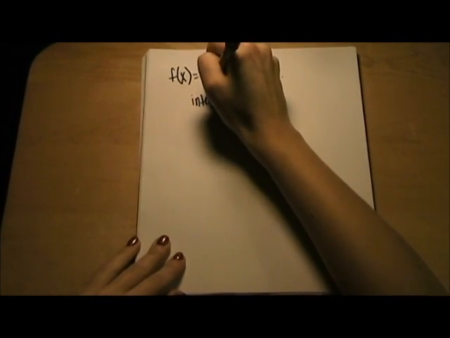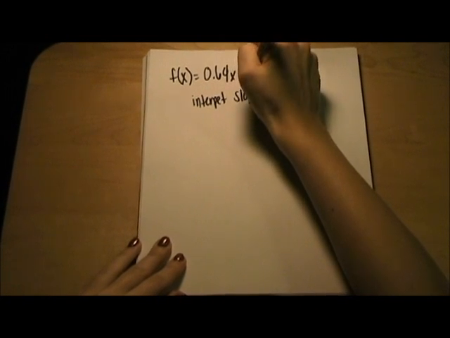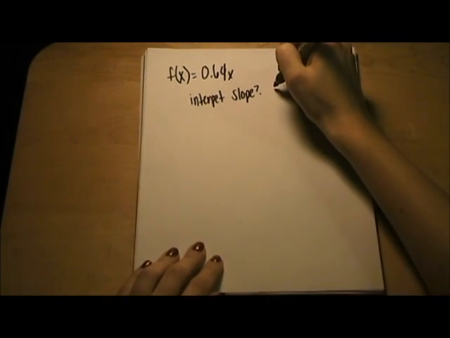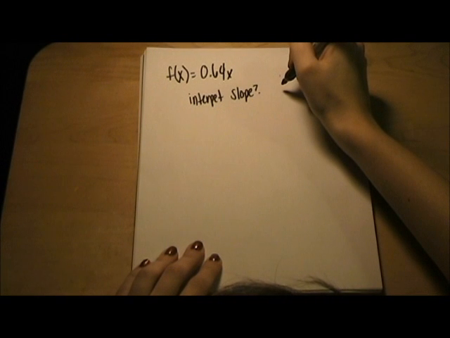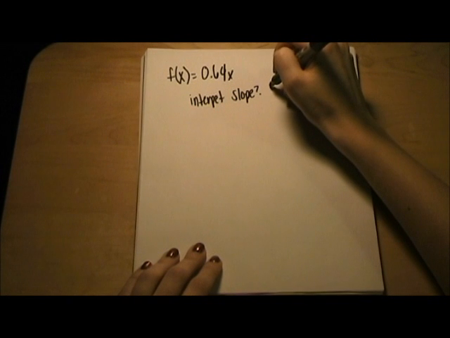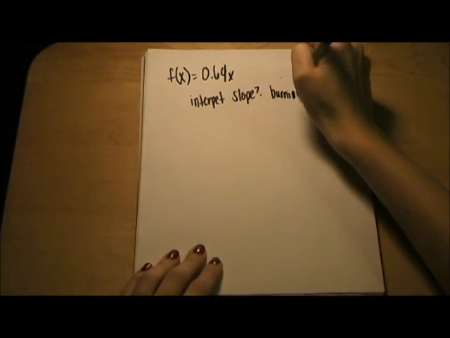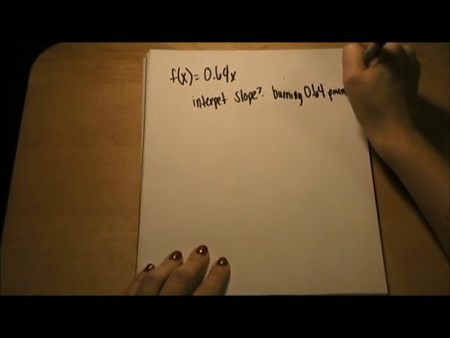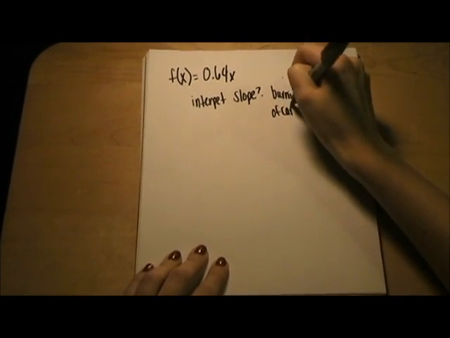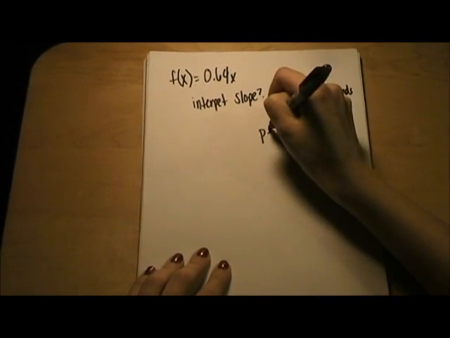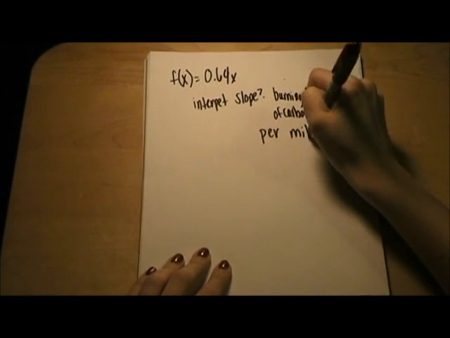If they wanted you to interpret the slope, which we've done before, then we would say we are burning 0.64 pounds of carbon dioxide per mile.